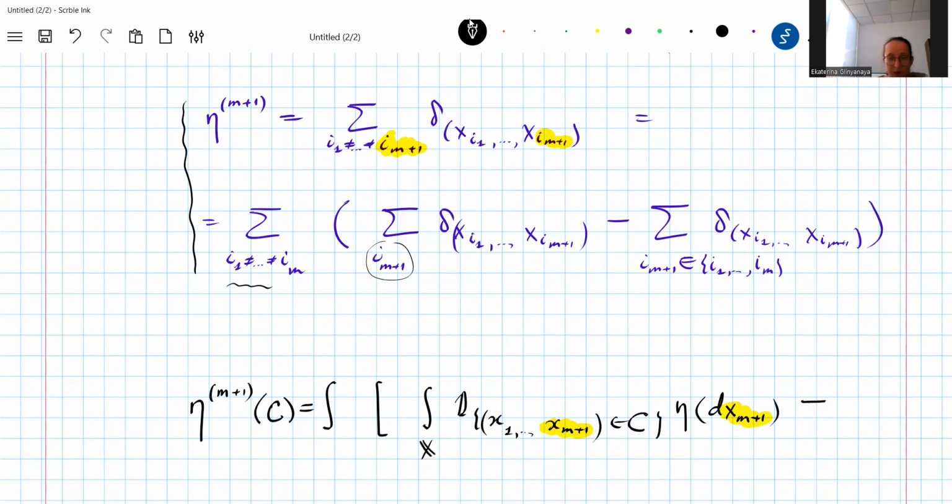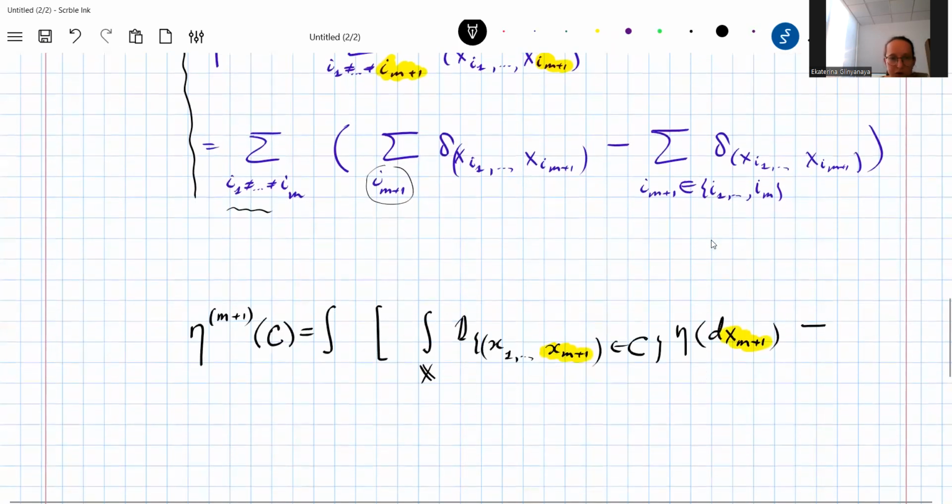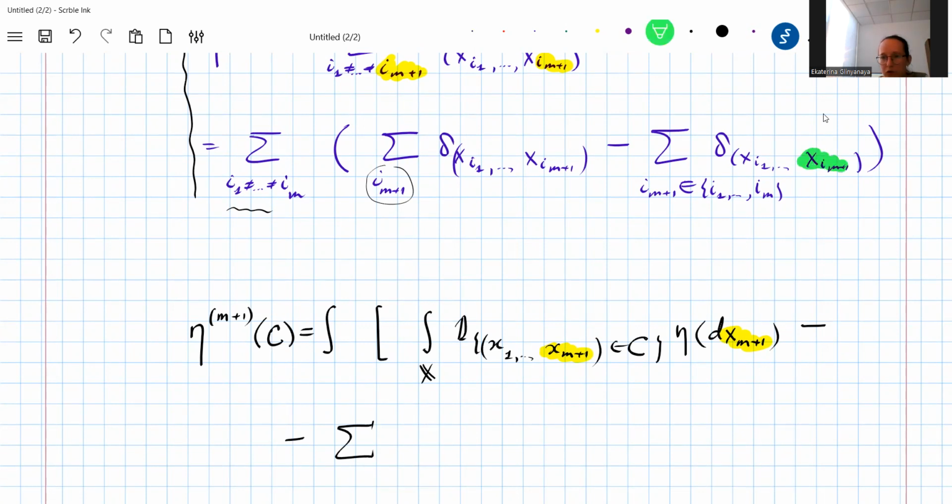And then minus. This minus will correspond to this part. And here I have a summation. So I will sum over all possible values of the last point, so of the last index.